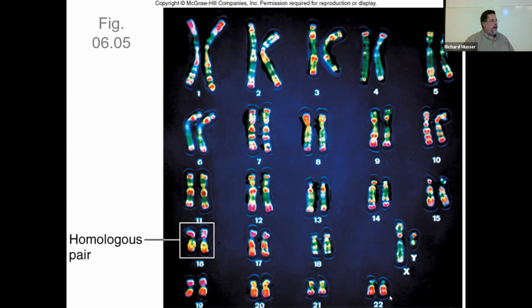It's not homologous to that. Those two together are homologous. And you can tell they've been replicated, and there's a centromere in the middle. So here's 23 pairs of chromosomes representing the karyotype of a person. And here's our X and Y, our sex chromosomes.